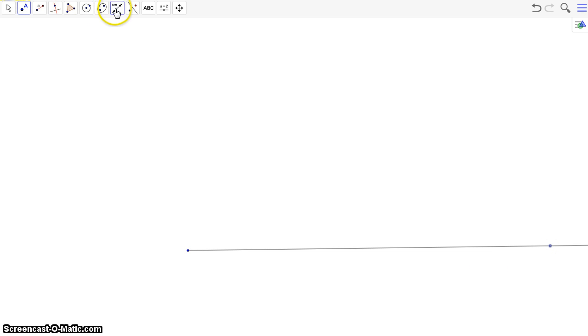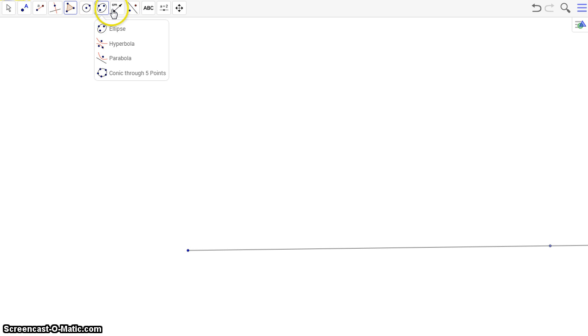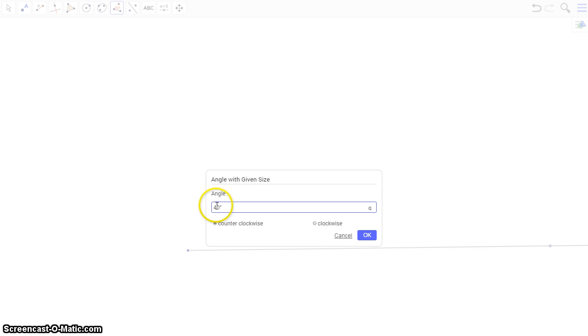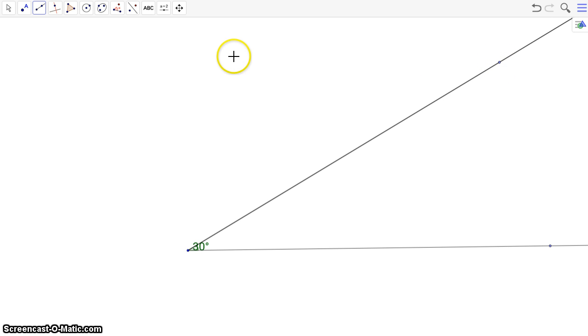So we're going to go an angle this time of 30 degrees. And then that is going to give me a ray. And from that 30 degrees, I'm going to go the same setup this time, but I'm going to go 6 units this time.